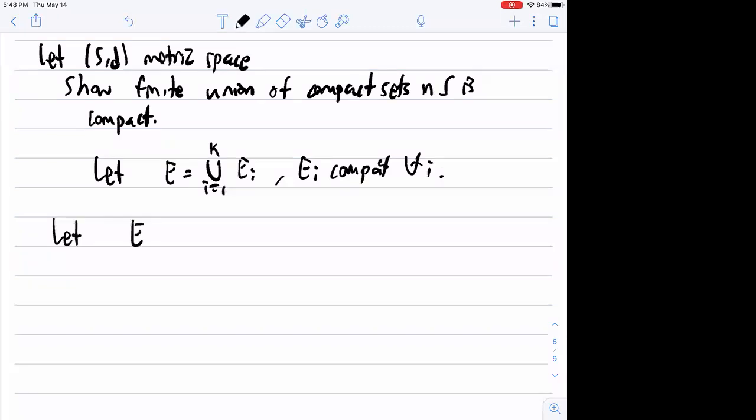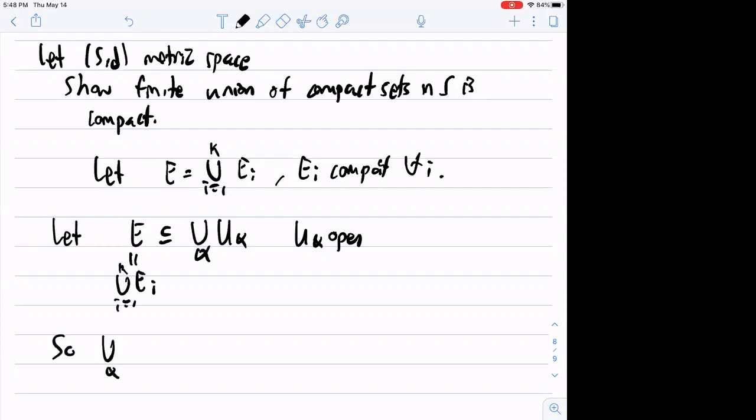I'm going to skip the wording because we're running out of time. So let E be contained in the union of U_alpha, where each U_alpha is open. This is an arbitrary open cover of E, and we need to show it has a finite subcover. But E is the union of the E_i, so the union of the U_alpha covers each E_i, right? Since the E_i's make up E and it covers E, it certainly covers each E_i.